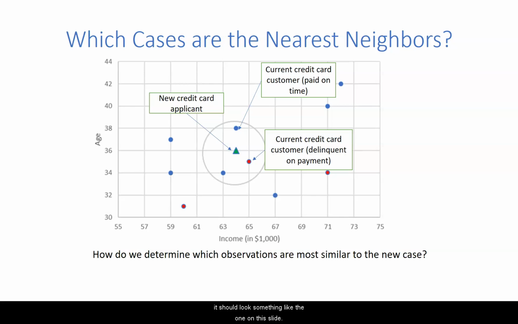The x-axis is the income values in thousands of dollars, and the y-axis represents the age in years, and the color of the dots represents the payment status. Blue means paid on time, and red means delinquent.